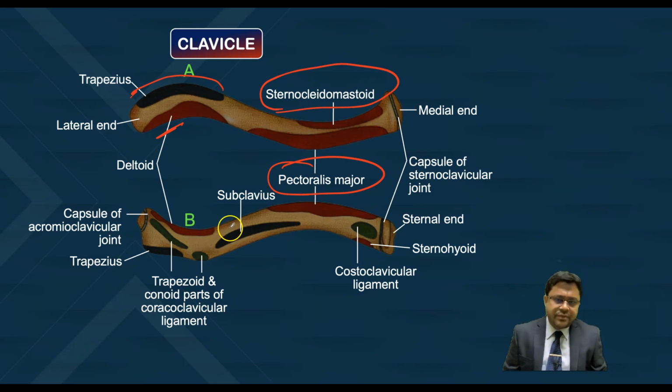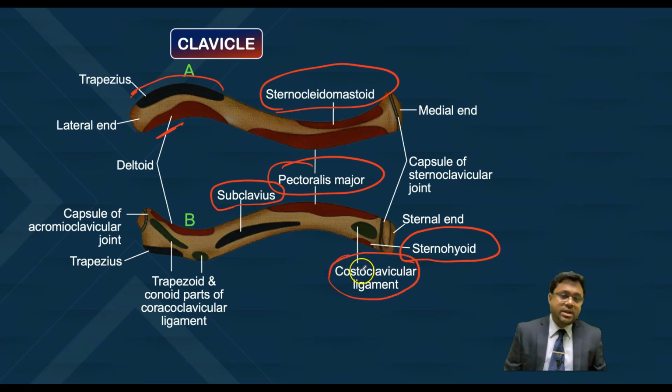In the inferior aspect, the notable feature is the very well-marked groove, the subclavian groove. I told you why: because it receives the insertion of the subclavius muscle. On the medial aspect, another muscle takes attachment, that is the sternohyoid, and one ligament is attached over here, that is the costoclavicular ligament.